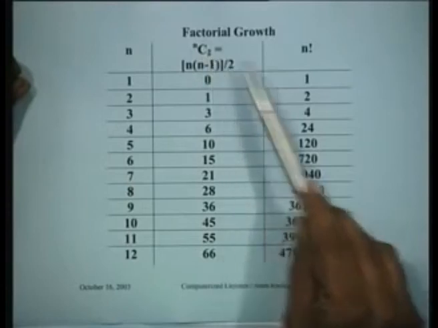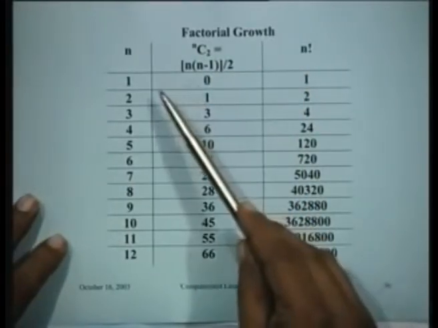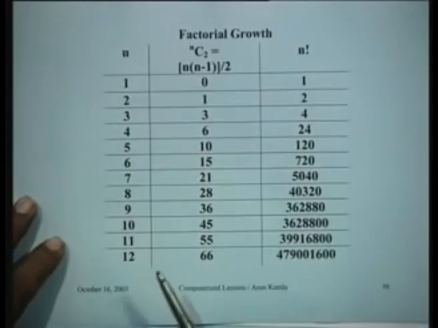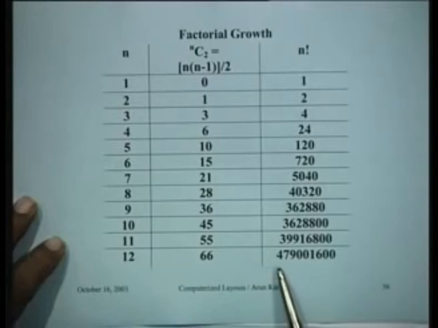This particular comparison between NC2 and n factorial will give you an idea of how much we are gaining in terms of computational effort. You can see that as n increases, the n factorial value is something like this, and the NC2 value is only this particular value.